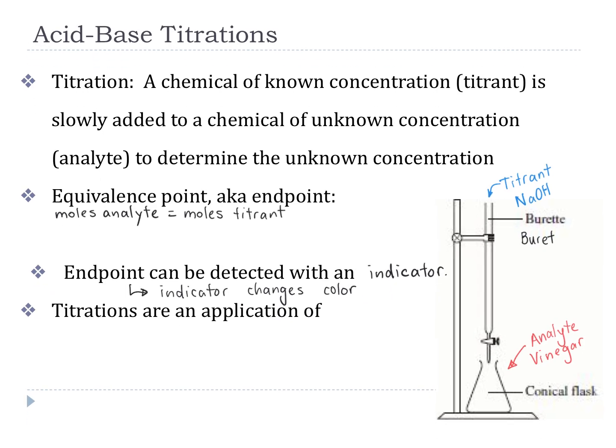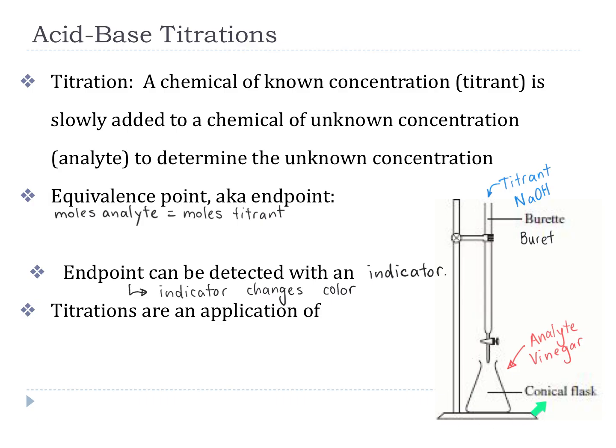So in our container, we will start with our vinegar, which is an acid down here, so our indicator will be clear. And when we get enough titrant, NaOH, added that we get to the end point, we're going to be looking for a very pale pink color.